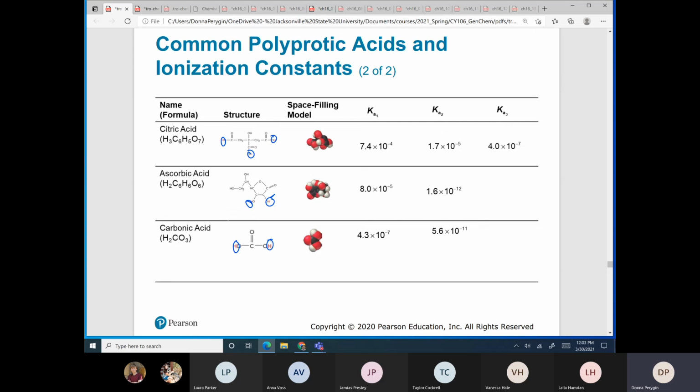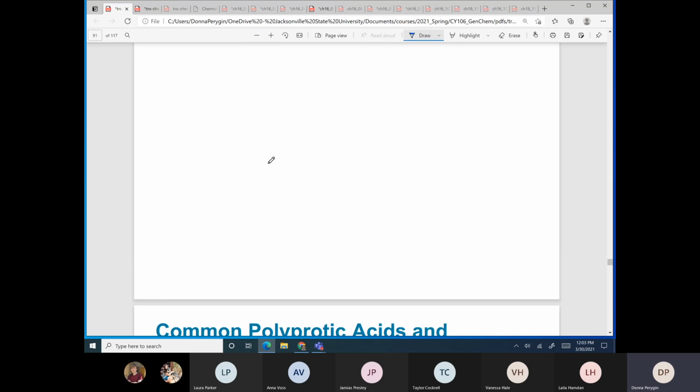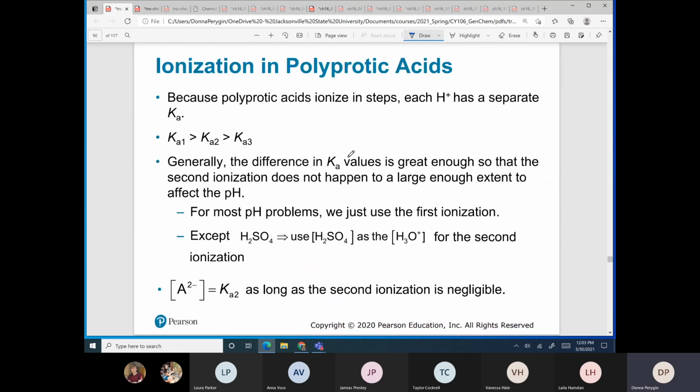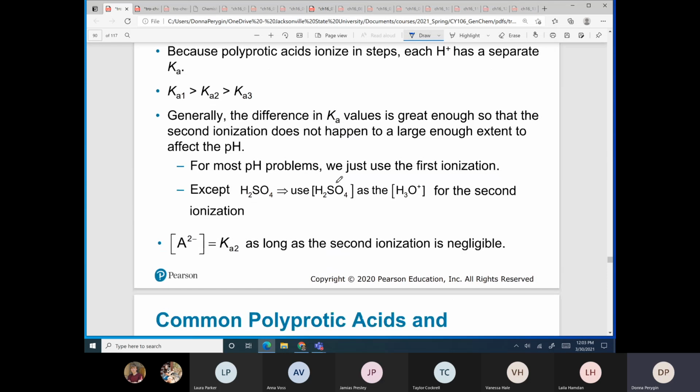So the Ka1 for these acids is going to tend to be much, much larger than the Ka2 versus the Ka3. So in general, when you have the first ionization, you can just consider the Ka1 when you do these problems.